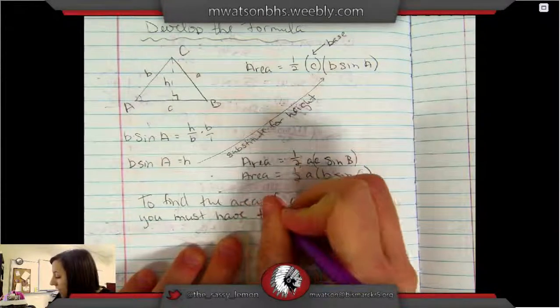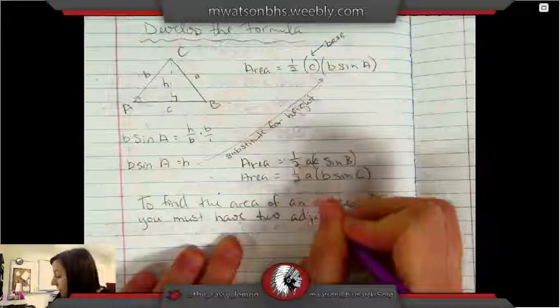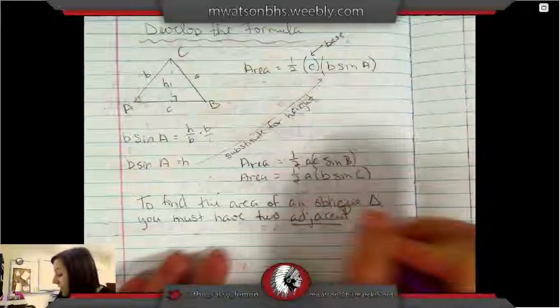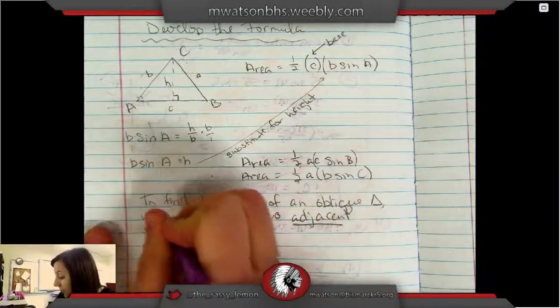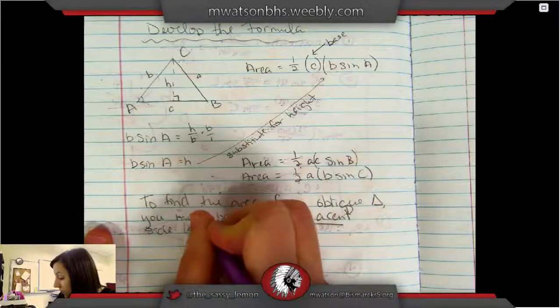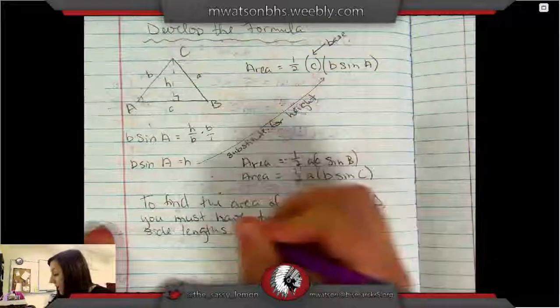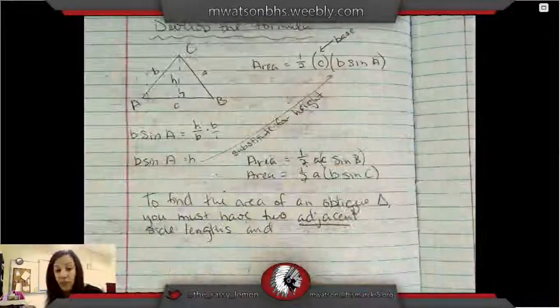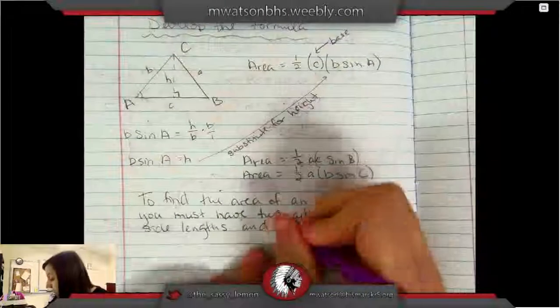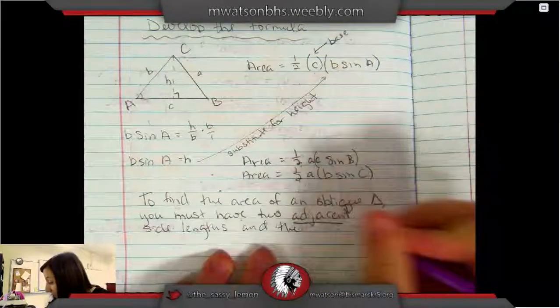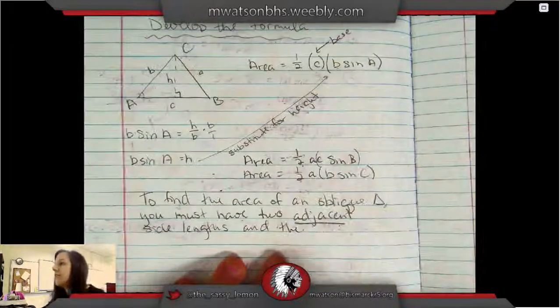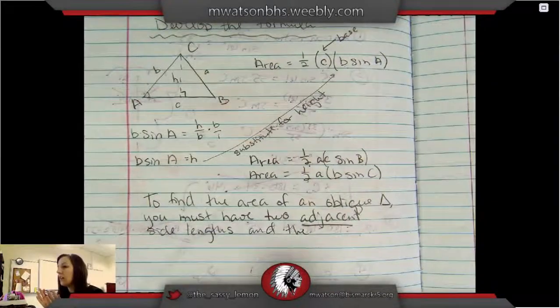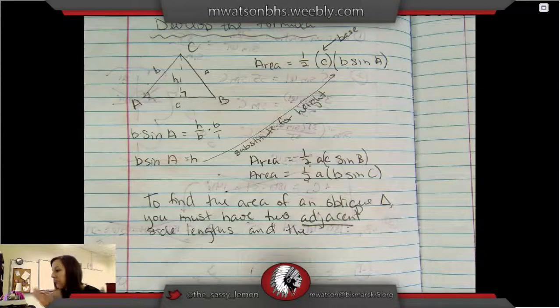To find the area of an oblique triangle, you must have two adjacent side lengths, that means next to, adjacent side lengths, and the angle in between them.